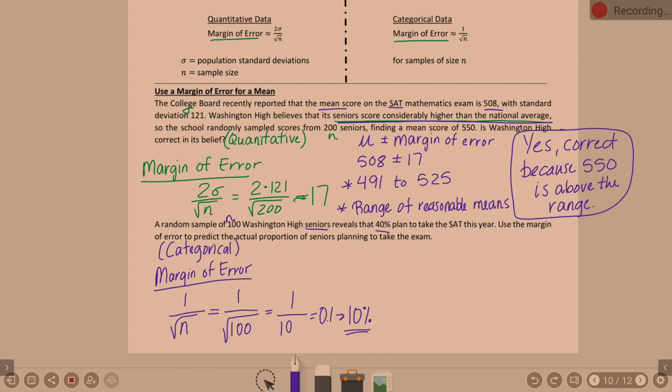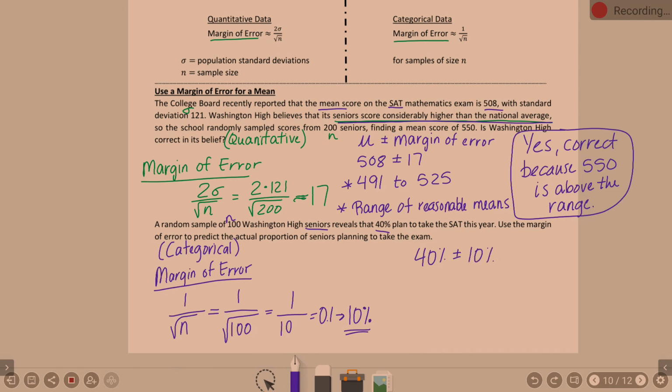Now, what is that 10%? The margin of error. So what are we going to do with that margin of error? Adding and subtracting. We're going to take the given answer of 40% and add or subtract the margin of error, 10%.